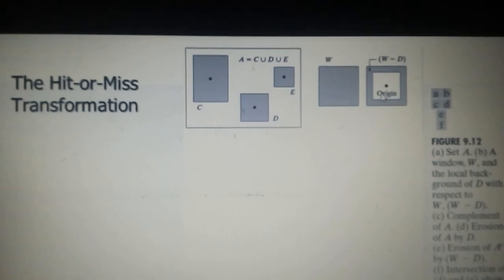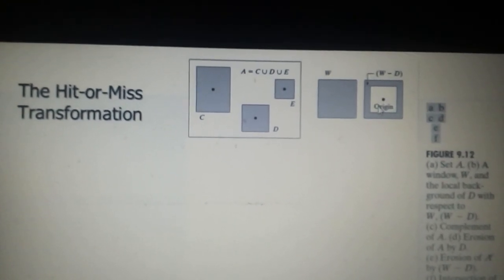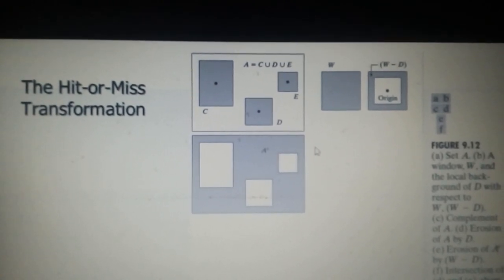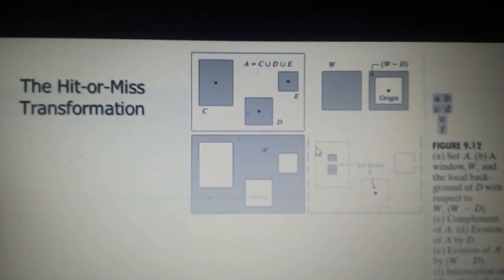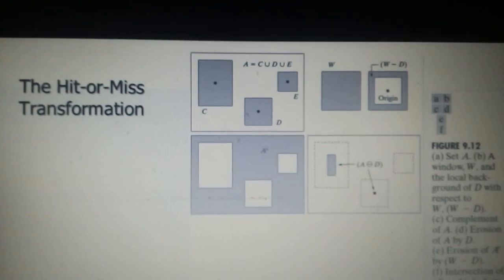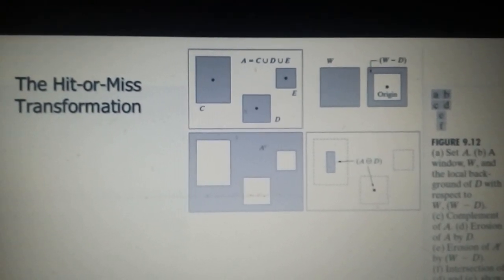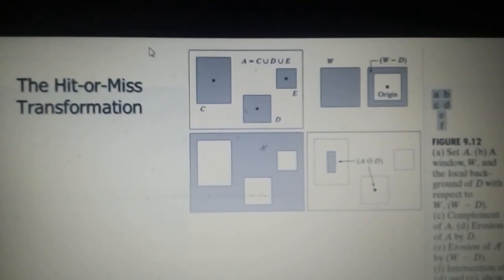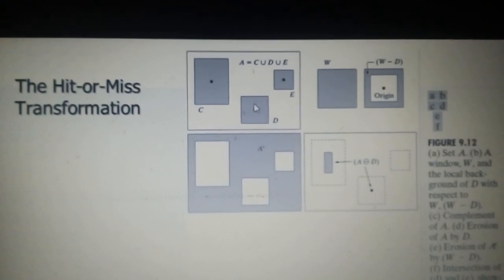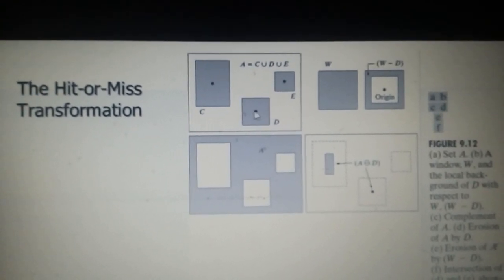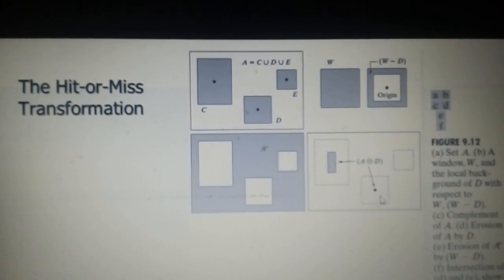of D. Next step, we are going to find the complement of A, and in the third step we are going to find the erosion of set A by the set D, which would give us these two regions.